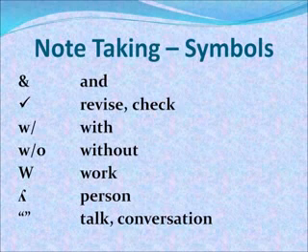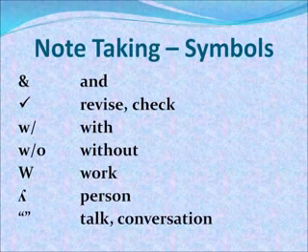Continuing with our symbols, we have some that are not as common, but that are also going to be used a lot in consecutive. We have the connector and, the little check mark, the with and without. Now this W, which represents work here for us, can represent many things, but we can choose a set of letters in the alphabet that can represent words that we use a lot in whatever setting that we have, whether it be court, medical.